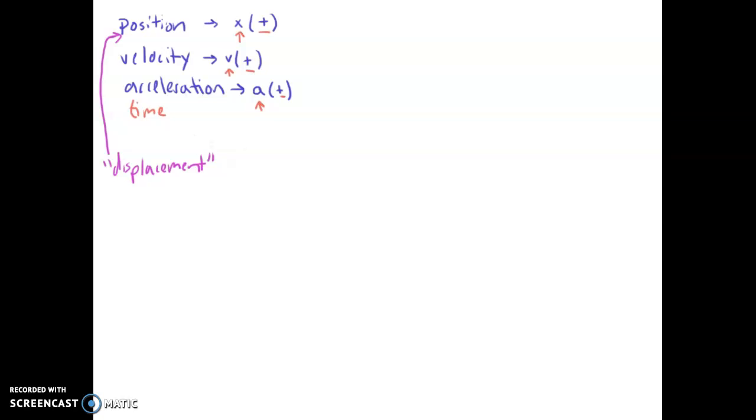So the equation, well, we're going to start with acceleration actually, because acceleration's the easiest one. So it's a of t equals a constant number.